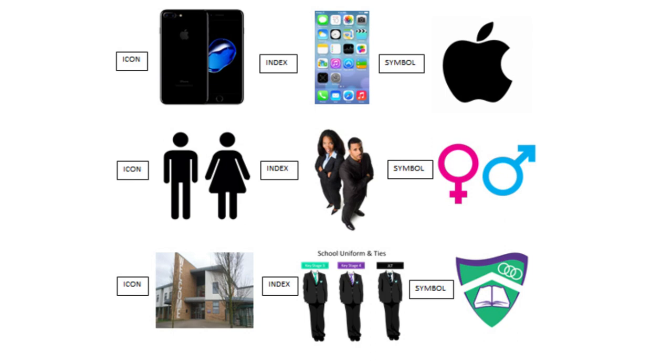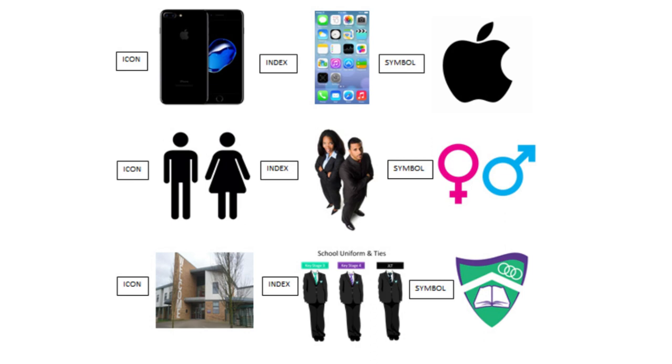And the symbol is how you recognize a company, so Apple is recognized with the symbol of an apple. For the male and female example, the icon is the two figures when you say male and female, the index is what's associated with male and female, an actual man and woman, and the symbols represent a man and a woman.